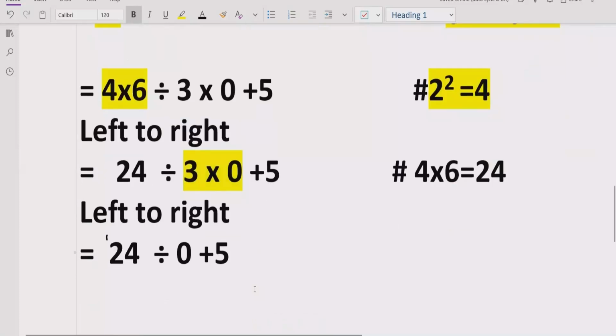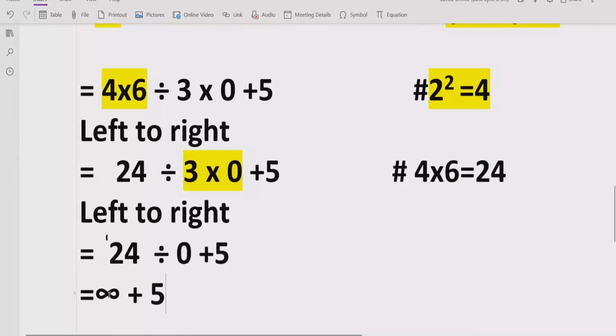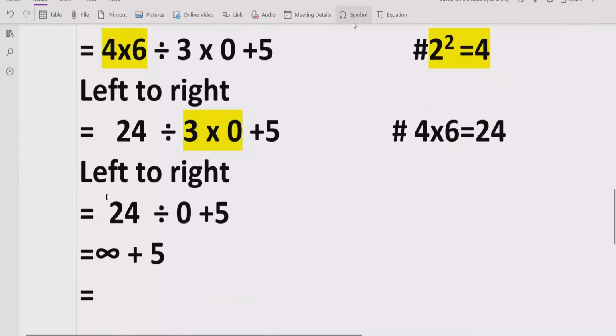After that, going left to right, they say this part becomes infinity. So here we will insert infinity: infinity plus 5. And if we add infinity plus 5, it also becomes infinity, because the number is very big and we do not know, so it becomes infinity.